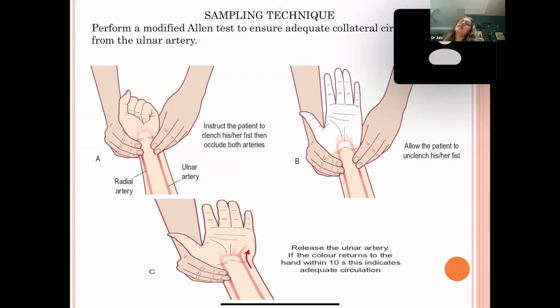This signifies that there's adequate collateral ulnar circulation, or a positive Allen test. If you see this, then you can continue with your radial artery sampling. Or else, if it is taking more than 10 seconds to go pink, then you should change your site or reconsider taking an ABG.